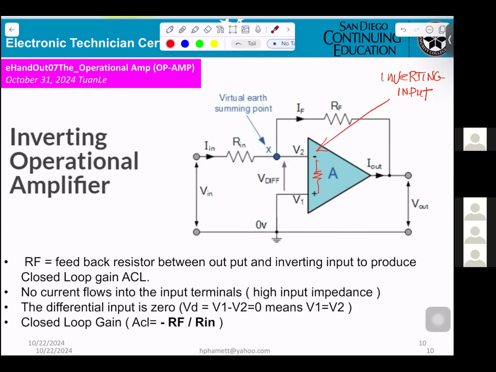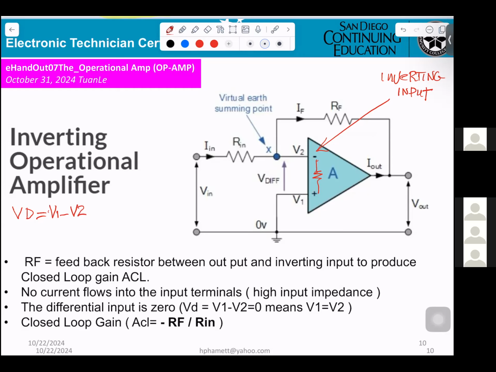The second thing, V different, that's what we call VD. In the past, we already know VD means the difference between the input positive and the input negative, that means V1 minus V2.